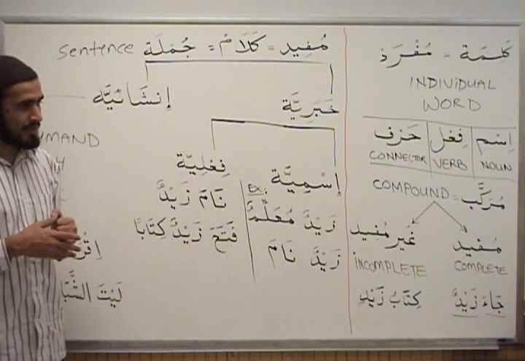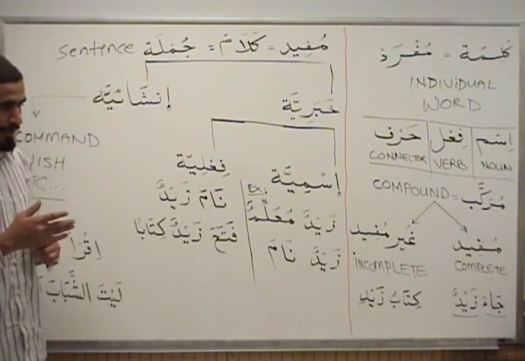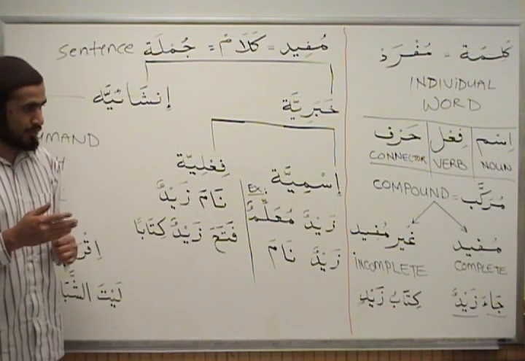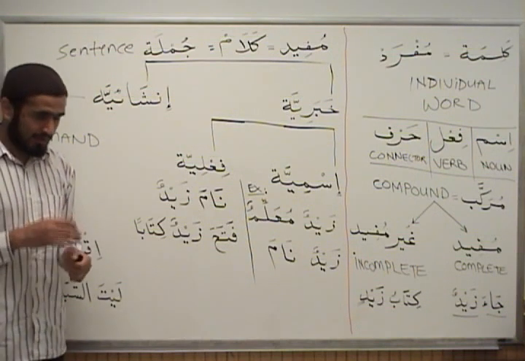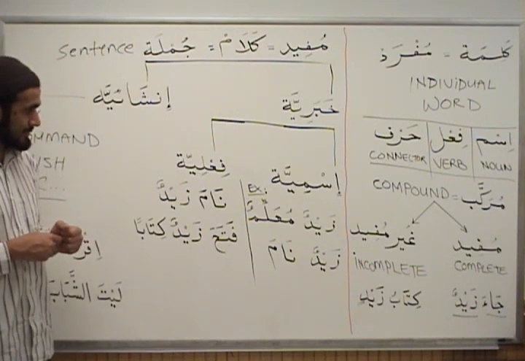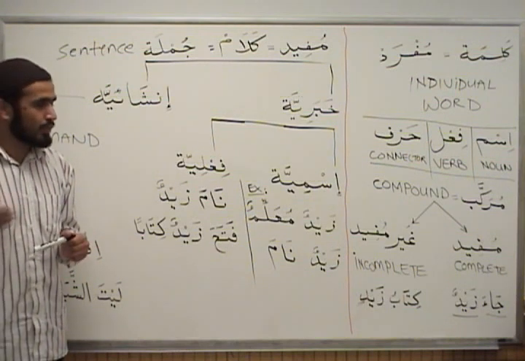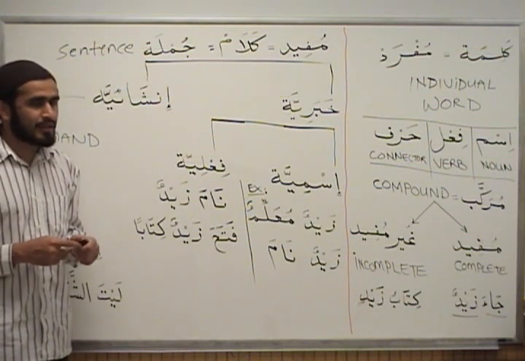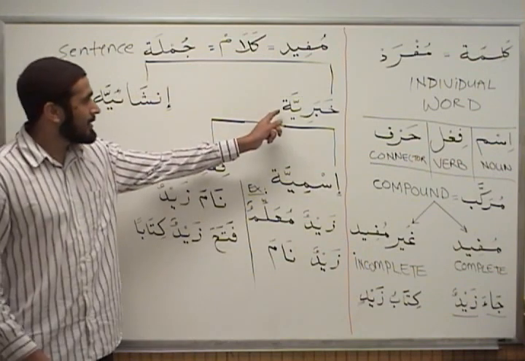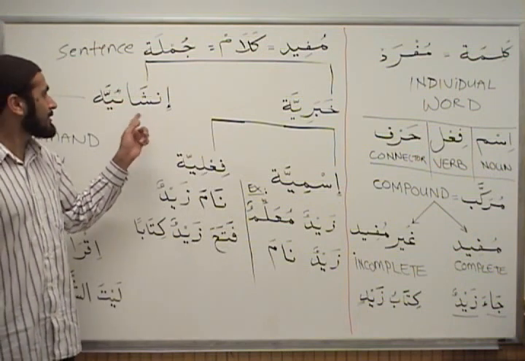Or if someone expresses a wish, I wish I did something, you cannot say true or false about that. It cannot be true or false because in that context, true or false does not make sense. So if you can say true or false, if you can say to the one who says it that you're saying the truth or you're telling a lie, then it's khabariya. But if you cannot say that and it does not make sense to say true or false, then it's called insha'iyya.